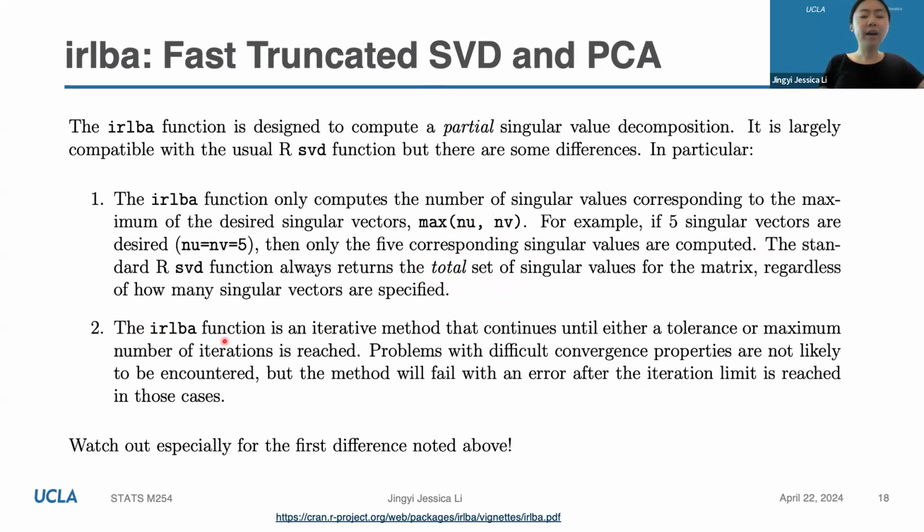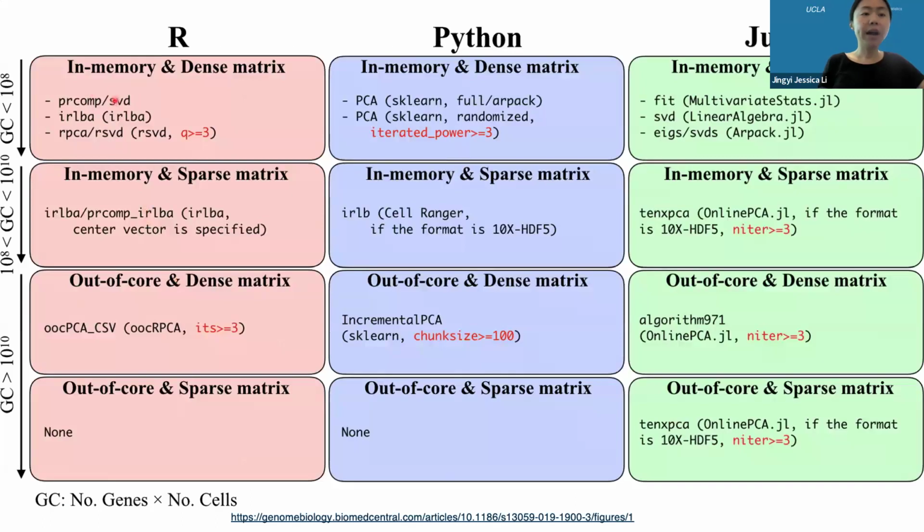Then the IRLBA function is an iterative method that continues until either a tolerance or a maximum number of iterations is reached. But just be careful, the SVD or PRComp, these two for exact SVD or exact PCA, they are exact.